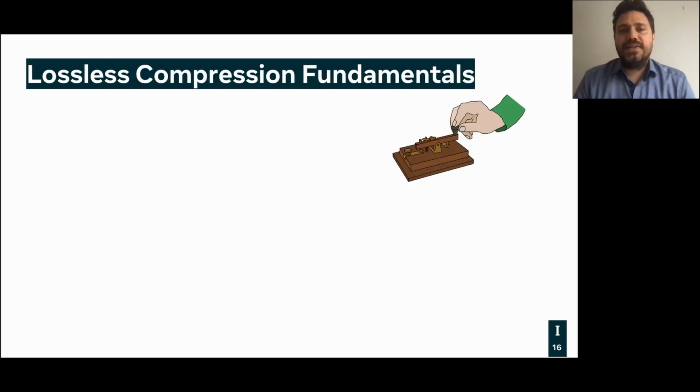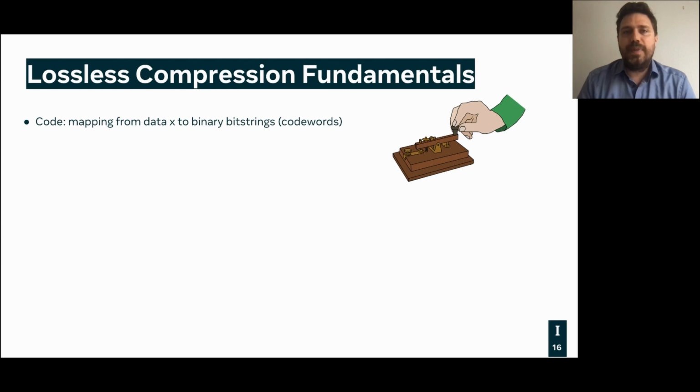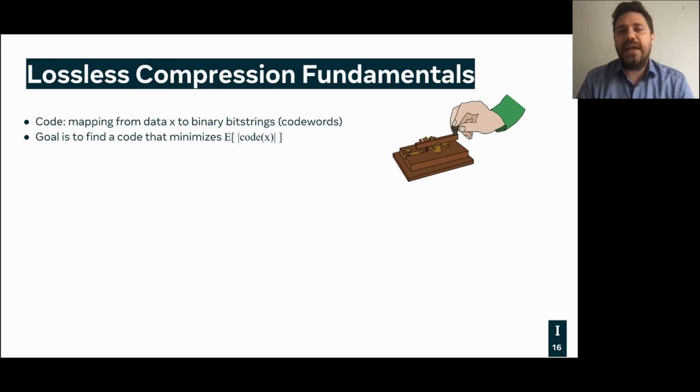So let's discuss lossless compression in a bit more detail. A code is a mapping from observations to binary bit strings, and we will denote the encoded data as code words. The goal of compression is to find not only an arbitrary code, but a code that minimizes the expected code word length. And there's a particular type of code called entropy code.